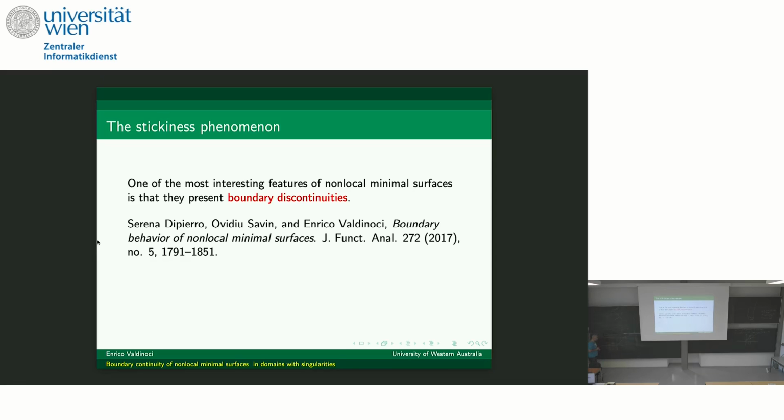But this is still not an s-minimal graph because you can consider this point, okay? And consider now an oblique tilted half plane. If I do this at this point, on this side I have the full set. On the other side I still have contribution from the set, so it is impossible to cancel the two contributions. So this is also not an s-minimal surface.